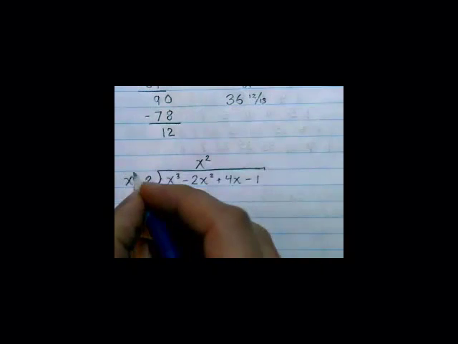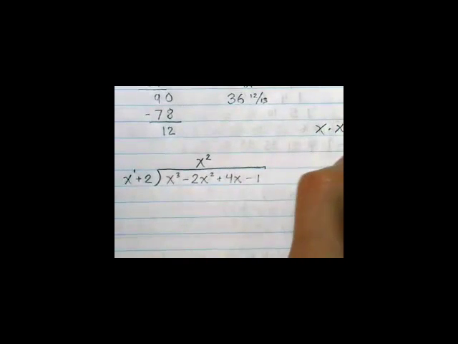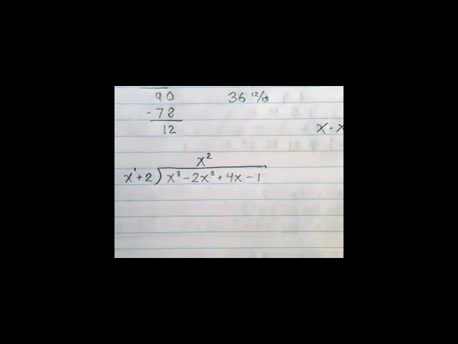Yeah, but don't you need to do x cubed to get x? X cubed times x would be x to the fourth. X has got a little 1 next to it. You understand that, right? No. That's exactly what we just did.